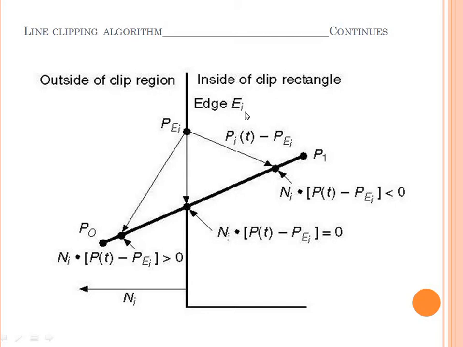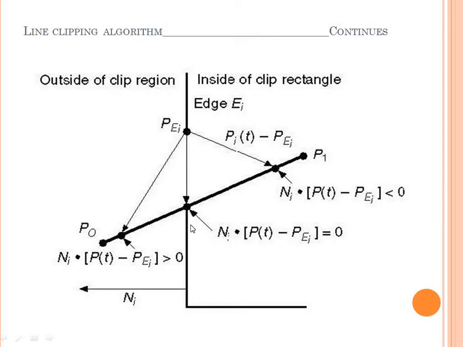Then a normal is drawn to the edge, and the name of this normal is Ni. As we know, a normal is perpendicular to the edge. This normal is perpendicular to the edge E.